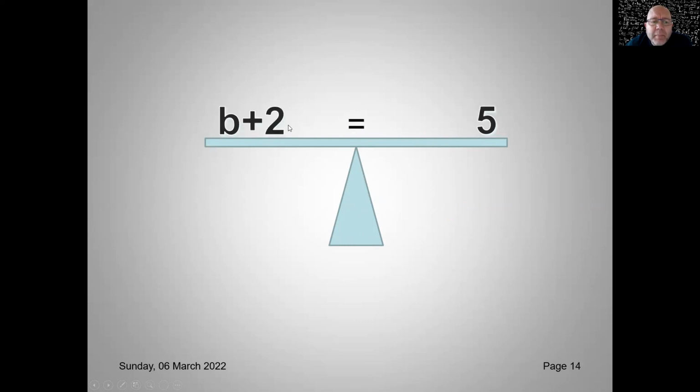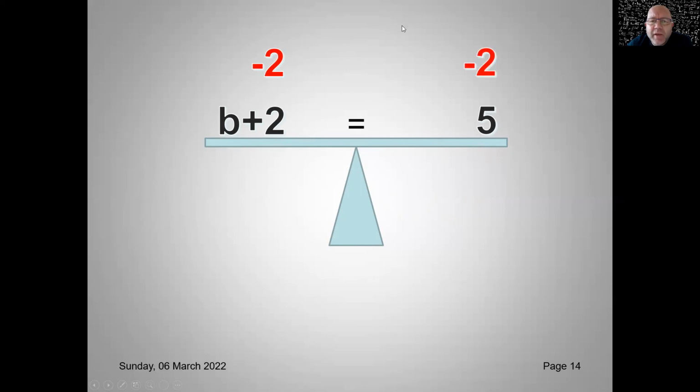Okay, so in this case, b plus 2 is equal to 5. And we want to get b on its own. We want to know what b is worth. So we need to get rid of this plus 2 bit. Now, to get rid of a plus 2, we're going to take 2 away. But remember what we said, to keep the balance, we need to do the same thing to both sides.